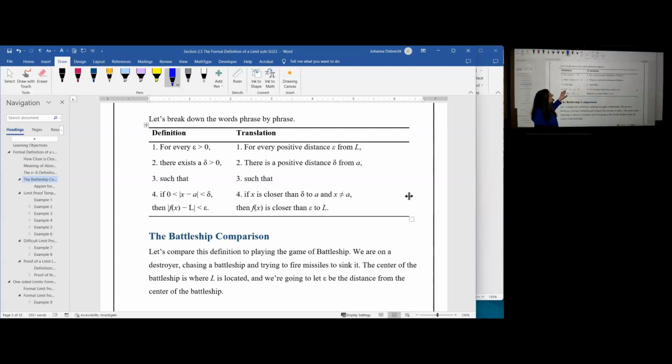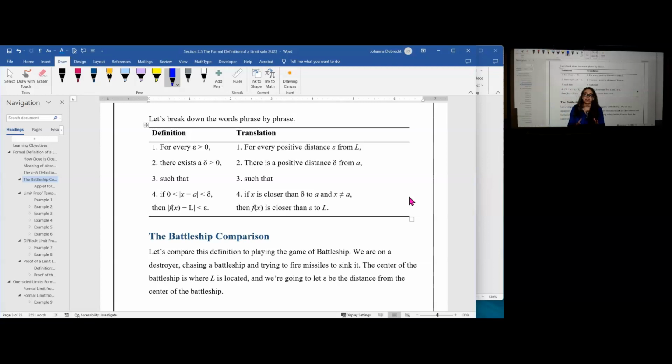Such that if 0 is less than the absolute value of x minus a, which is less than delta, if x is closer than delta to a and not equal to a, then f of x minus L in absolute value is less than epsilon. Then f of x is closer than epsilon to L. The distance between f of x and L is less than epsilon.